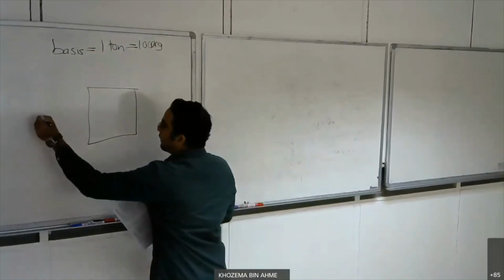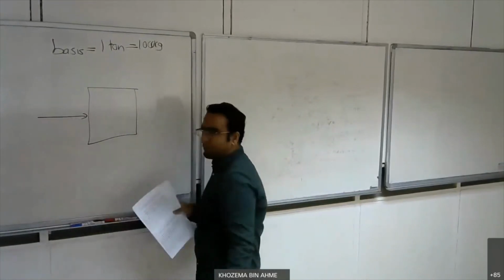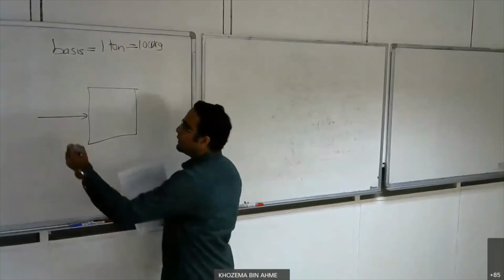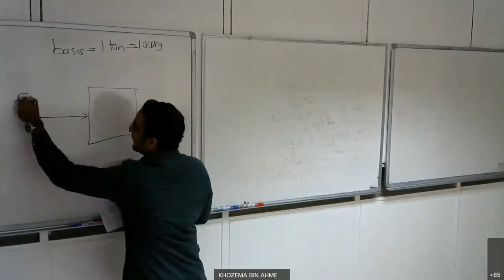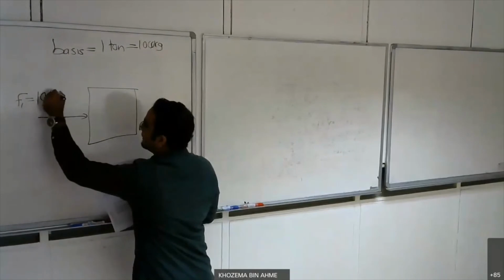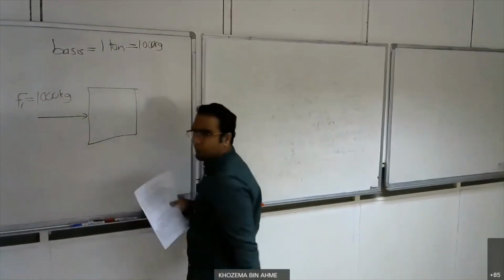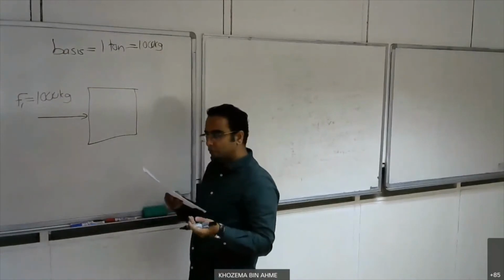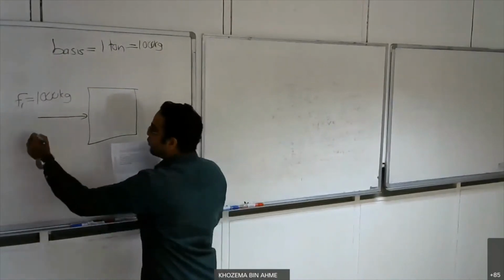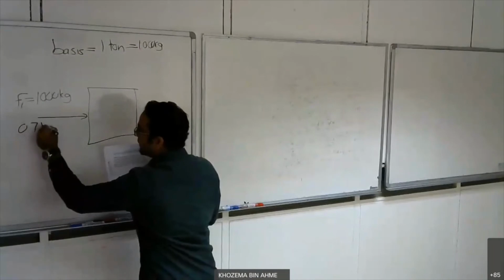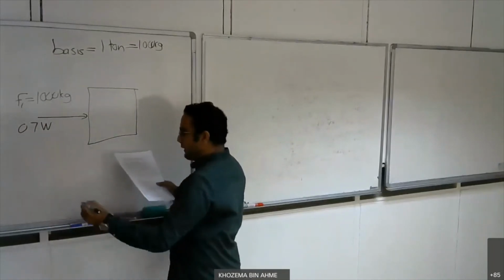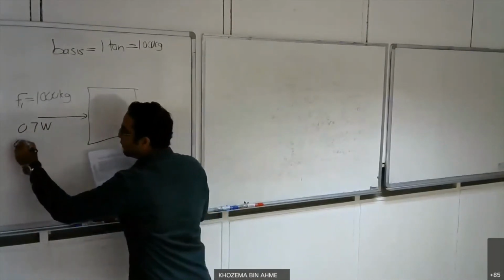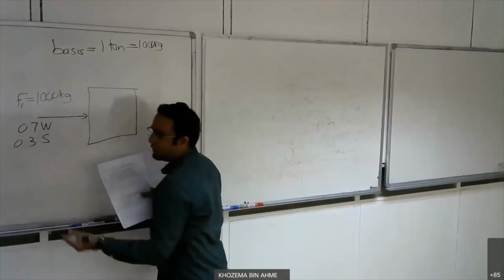Going into the dryer, I have sludge of 1000 kg. The composition of the sludge going in is 70% water, so I can put 0.7 water and 30% solid, so 0.3 solid.